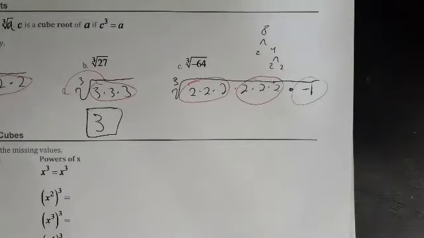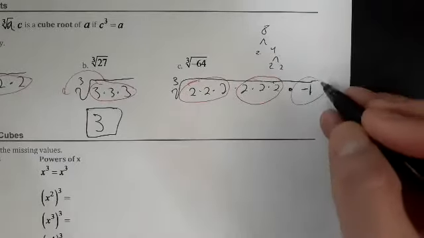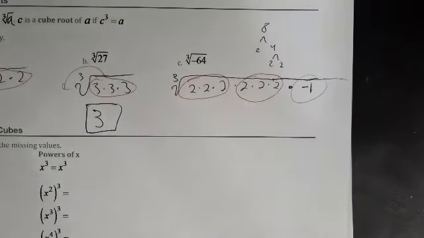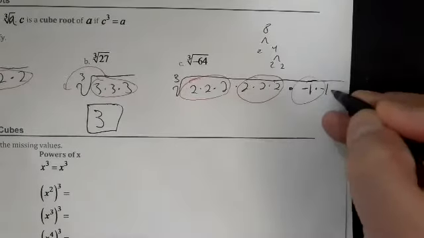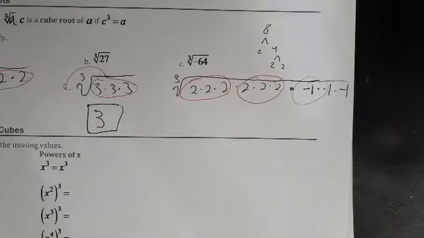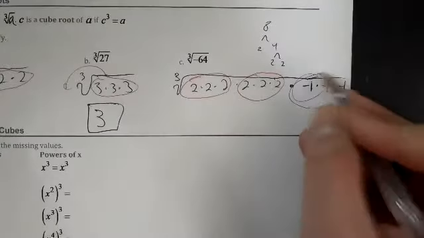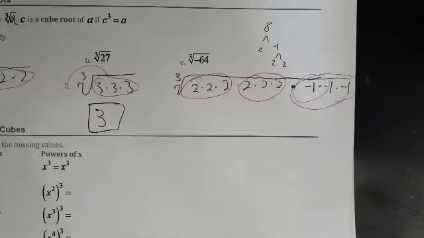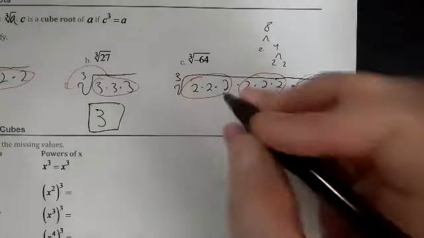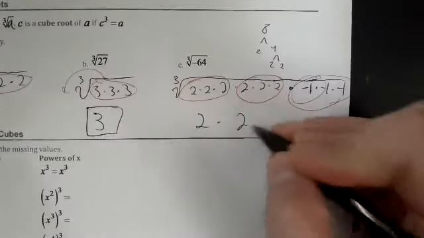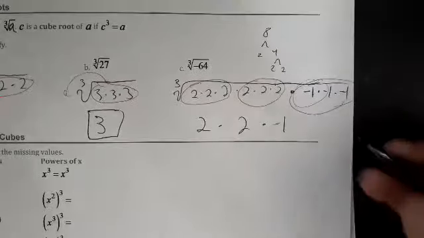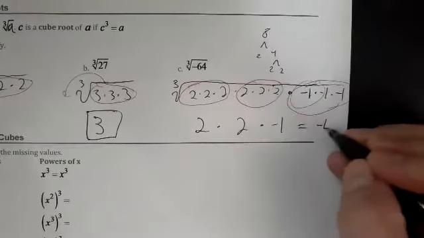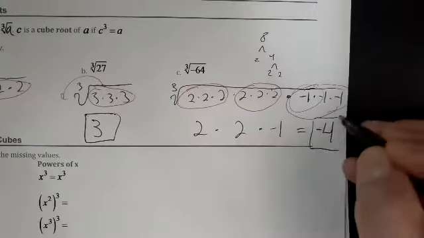If you want to draw -1 times -1 times -1, 3 times, you can absolutely do that and circle 3 negatives if you wanted to. I have a 2 that I'm pulling out, I have a 2 that I'm pulling out, and I have to pull out the negative. So overall, 2 times 2 and a negative, this should be a -4.